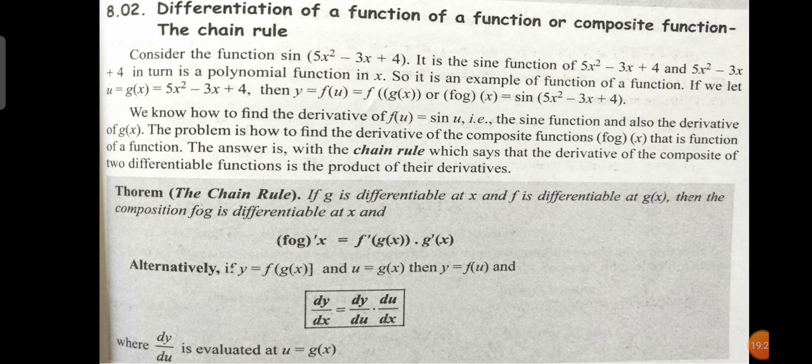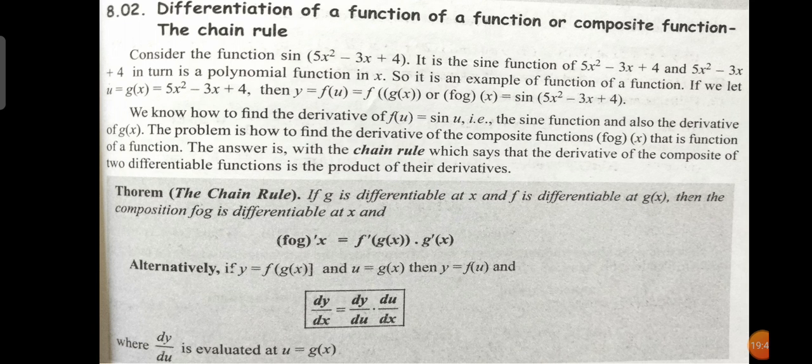Then y is f of u. Then what is the derivative? Dy by dx is dy by du into du by dx, that is the chain rule.